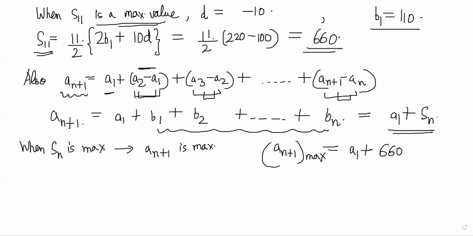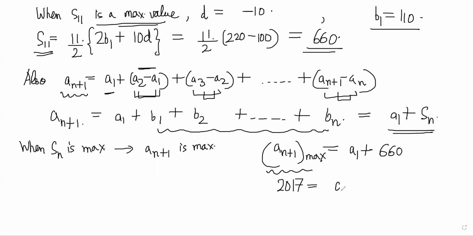and this maximum value of An plus 1 was given as 2017, right? In the problem itself, it was given that the maximum value of An plus 1 was 2017.